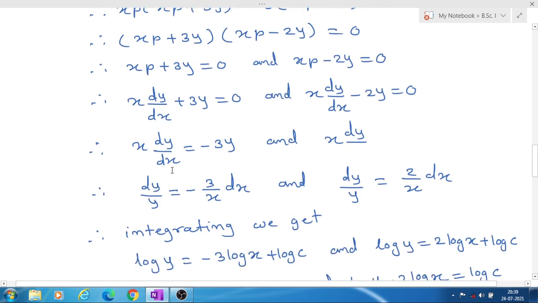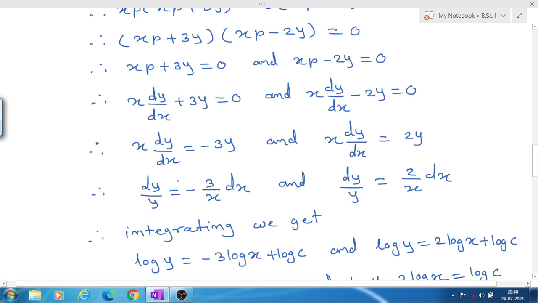Therefore x into dy by dx is equal to minus 3y, and x into dy by dx is equal to 2y.